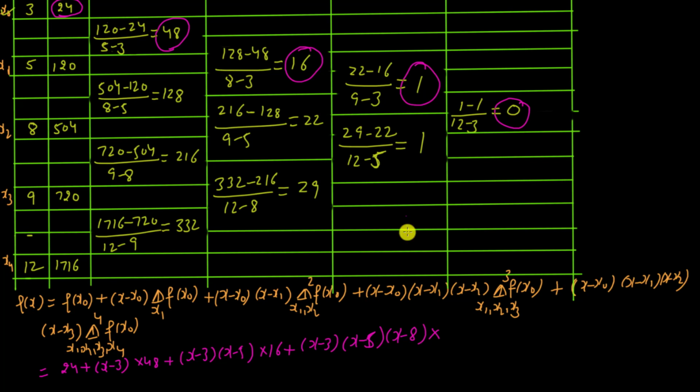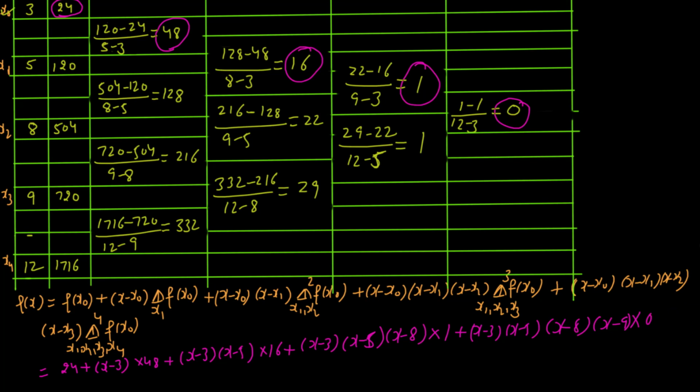Okay, and the first is 1 plus x minus 3, x minus 5, x minus 8 and x minus 9 into 0.